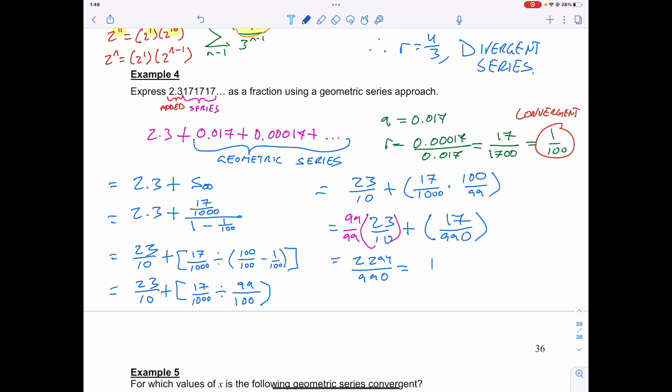So 1,147 over 495. There is the reduced fraction of 2.317171717 using a geometric series approach.